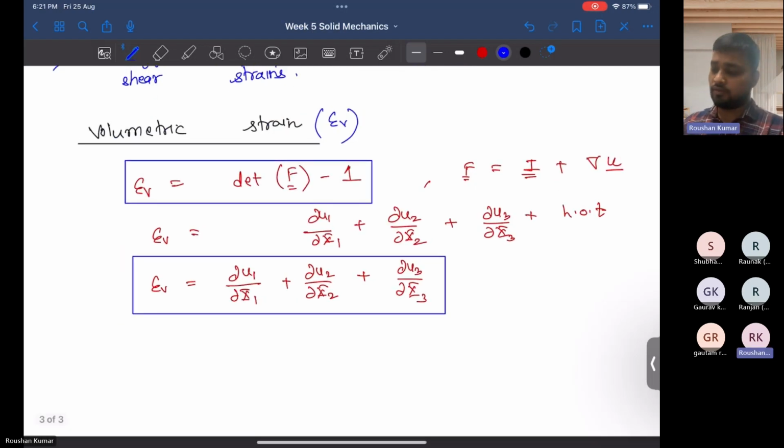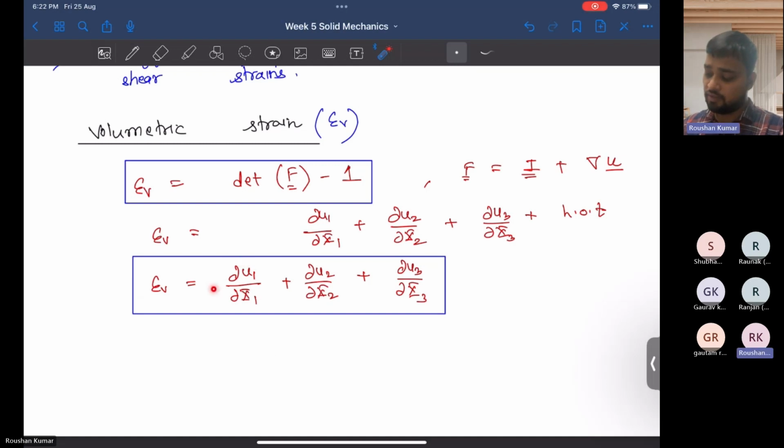If we know the components of the deformation gradient, we can use that formula to find the volumetric strain. And if we know the displacement, we can simply take the derivative with respect to x1, x2, and x3, and then sum over these three directions, and we get the volumetric strain.